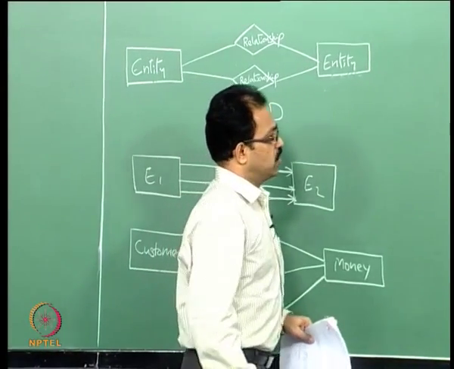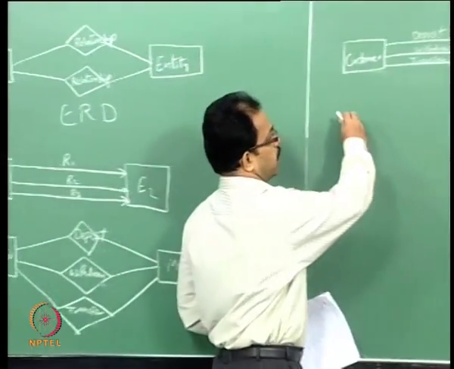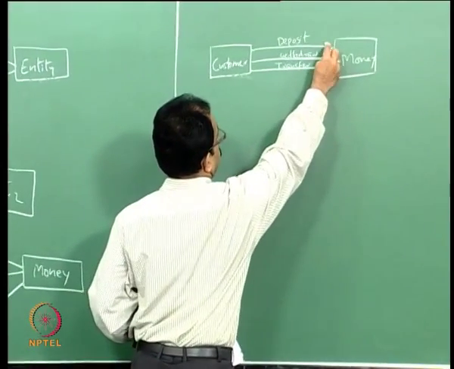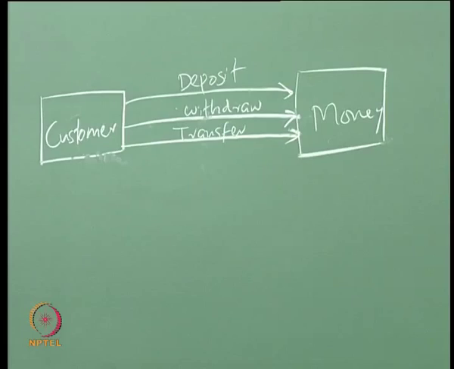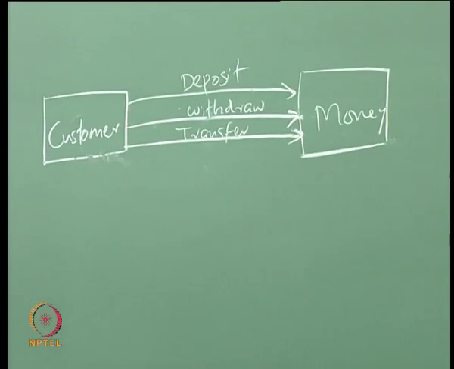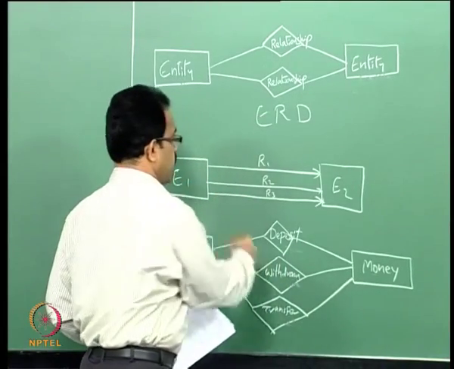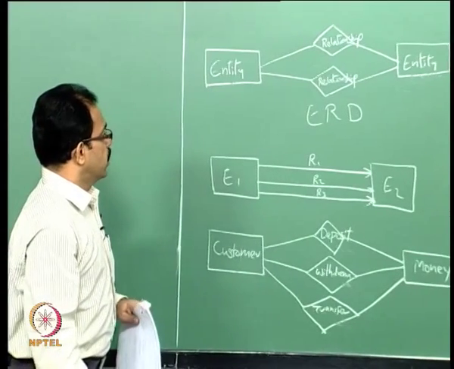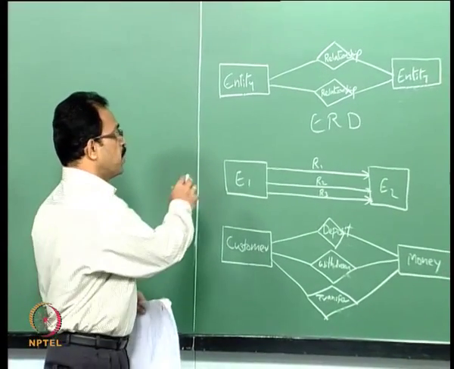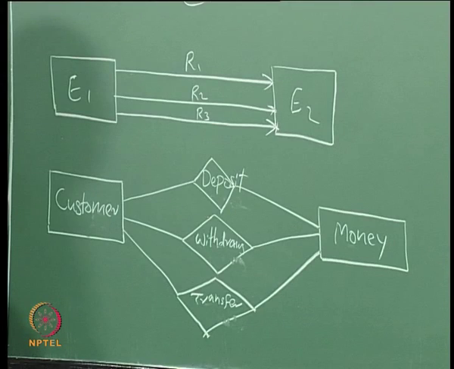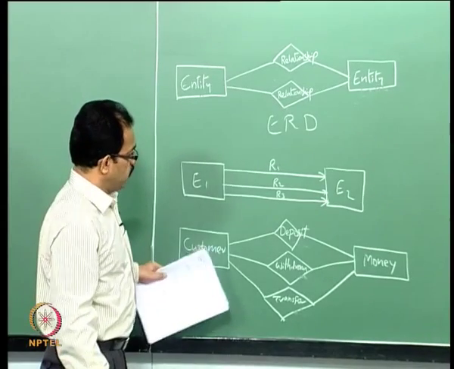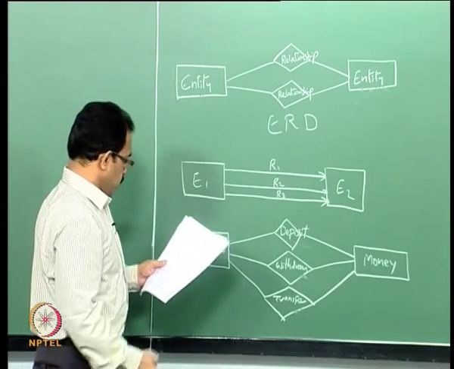In both cases you will see that there is a relationship here. The arrows are shown in this case, but in this case arrows are not shown. This is the way the entity relationship diagram is drawn. These are very simple cases, and these methods were used for a long time to represent relationships.